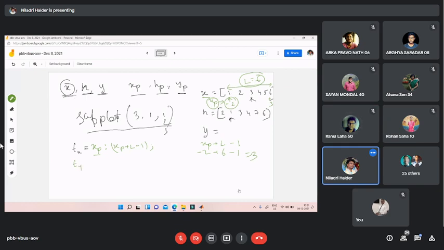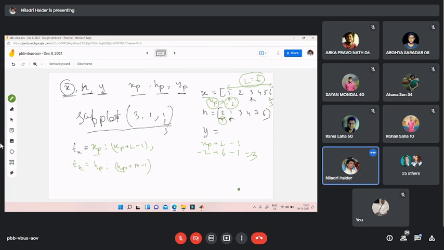Yes. If it is clear, then what should be the value of th? Same, th will start at HP, plus 4. Yes sir, from HP to HP plus M minus 1.